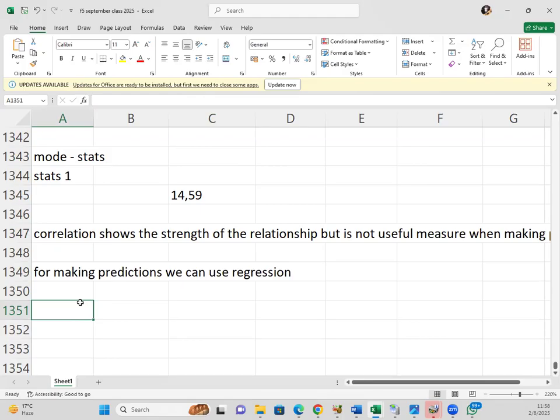For making predictions, you can make use of regression. So for regression, it uses the equation y is equal to a plus bx.